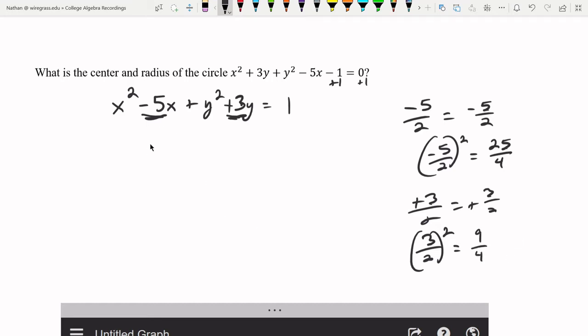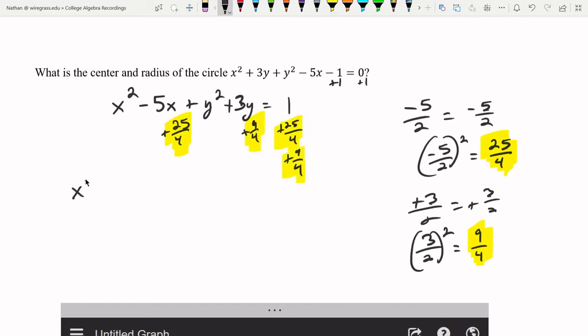Okay, so I'm going to add 25 fourths to both sides. And then add 9 fourths to both sides. Always add the number after you square it. That's what you're looking for here.